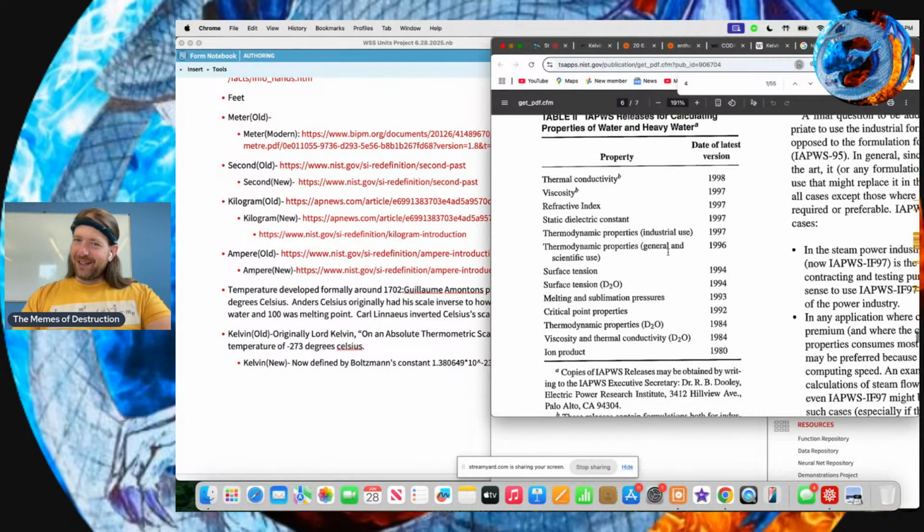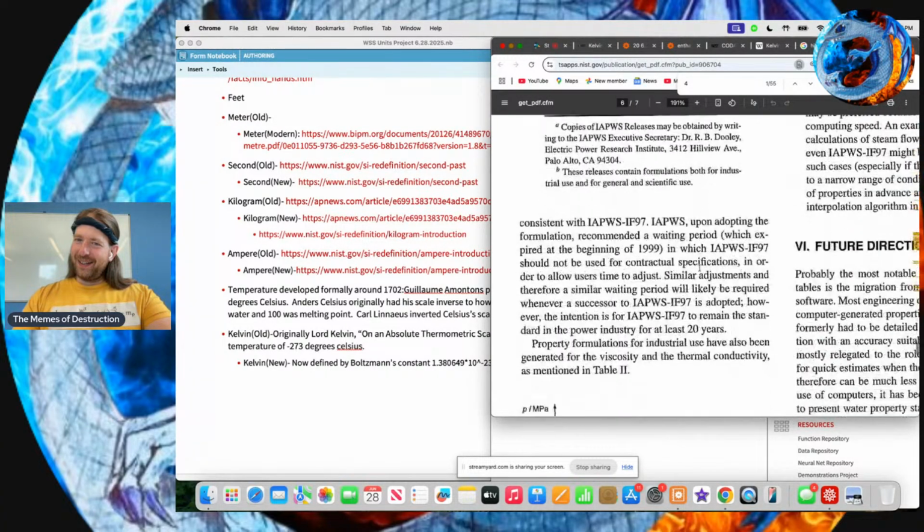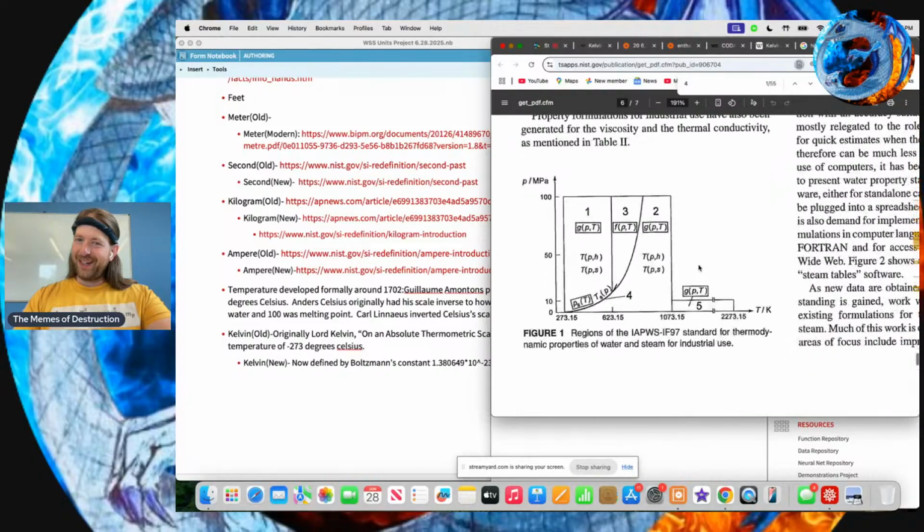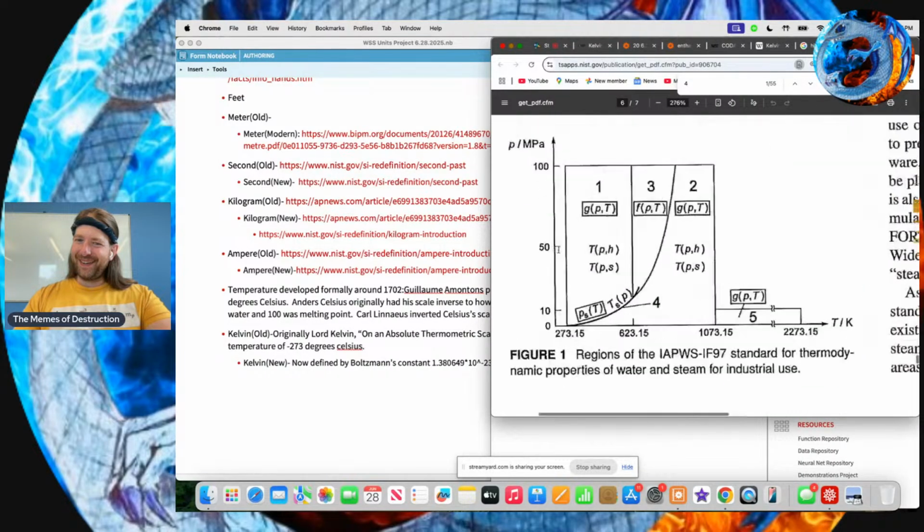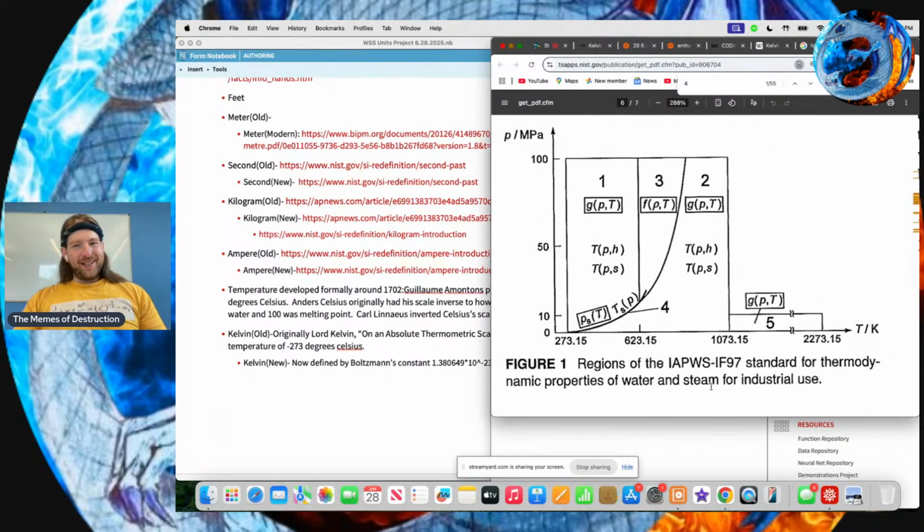All right, so we got thermal conductivity, viscosity, got some cool stuff. Ah, okay, I think, here we go. The regions of the IAPWS IF97 standard for thermodynamic properties of water and steam for industrial use. Huh.